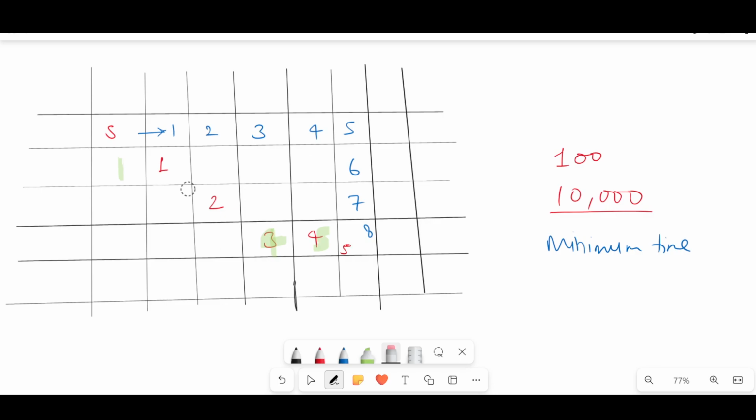This is the best route, which takes minimum time. It is the destination, and it is the third second, the fourth, the fifth. It is the minimum time.